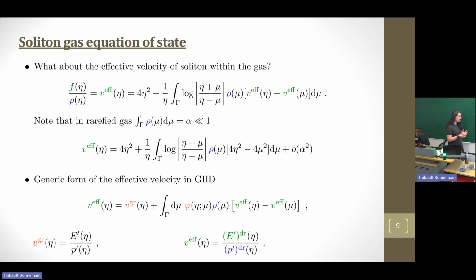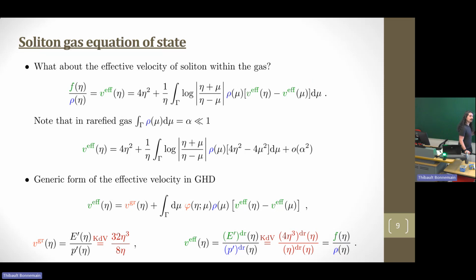And traditionally, the effective velocity is also written as a ratio of dressed quantities. So you start with the usual expression for the group velocity as the ratio of the derivative of the energy over that of the momentum, and then it's natural to think that the effective velocity would be the ratio of E prime dressed over P prime dressed, and so that's not the only way to define it. Okay. And when it comes to KdV, here's the group velocity for eta squared.